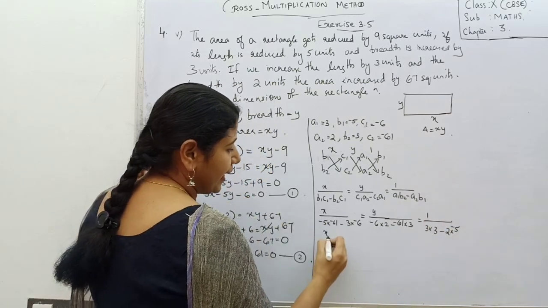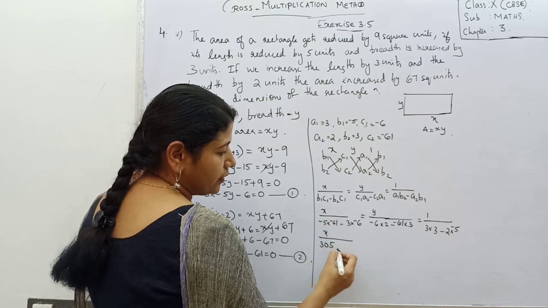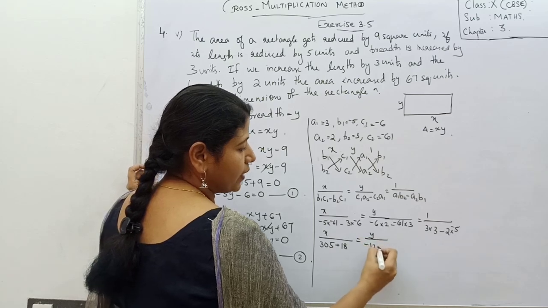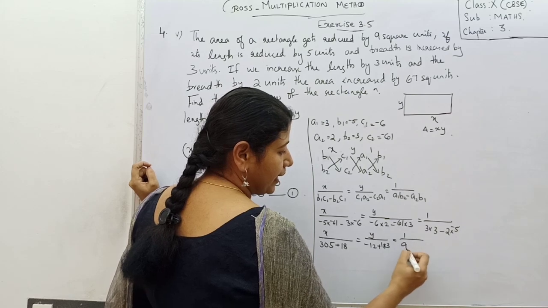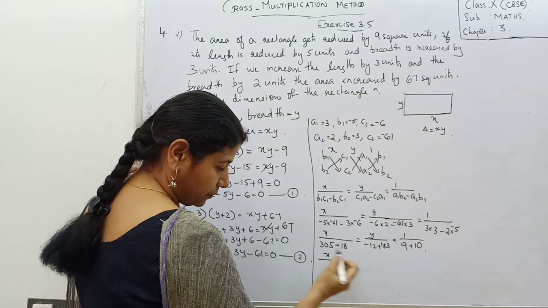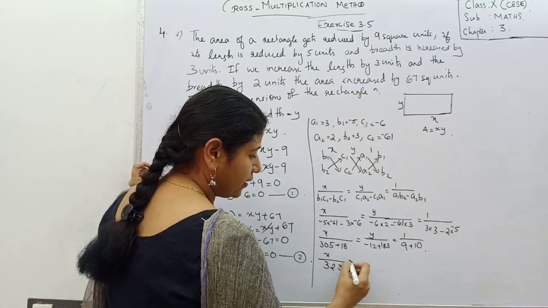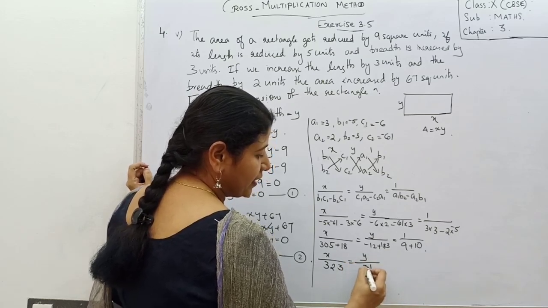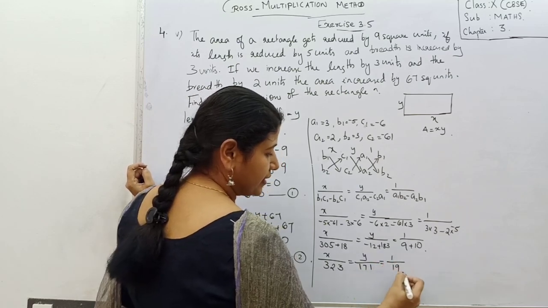So you will get x by 305 plus 18, which is positive, 323. Y by negative 12 plus 183, which is 171, equal to 1 by 9 plus 10, which is 19.